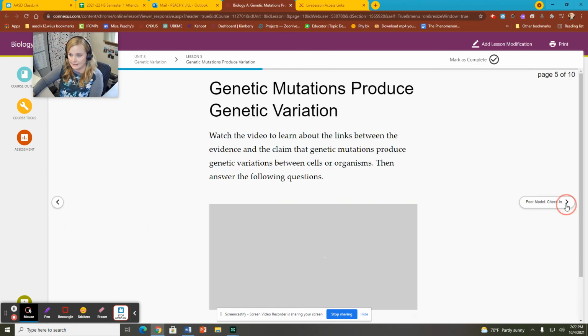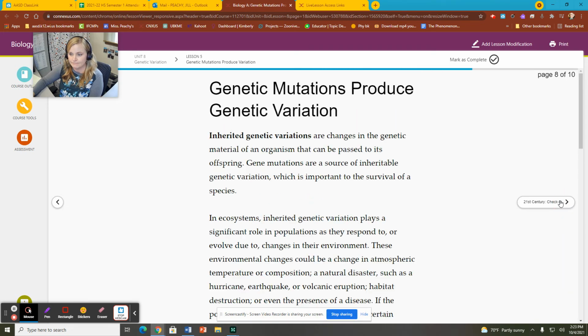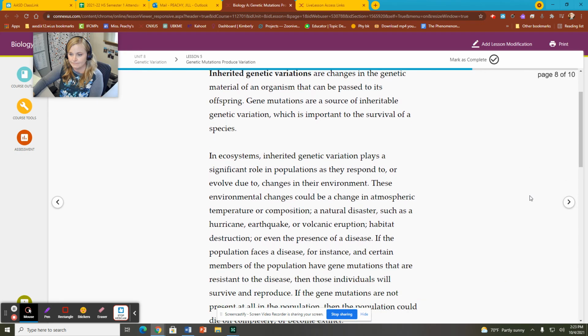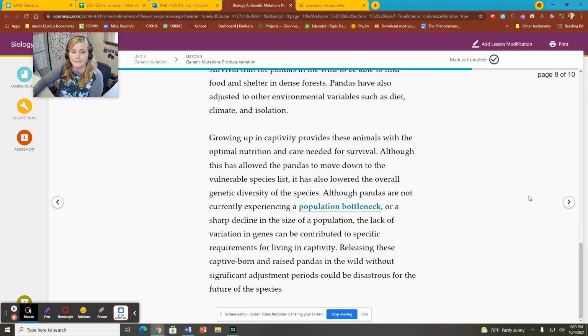And then, let's see here. Other thing, I wanted to mention, let's see if I can get down to it. Okay, something called a bottleneck, or population bottleneck. So here's a change to genetic variation in and of itself.